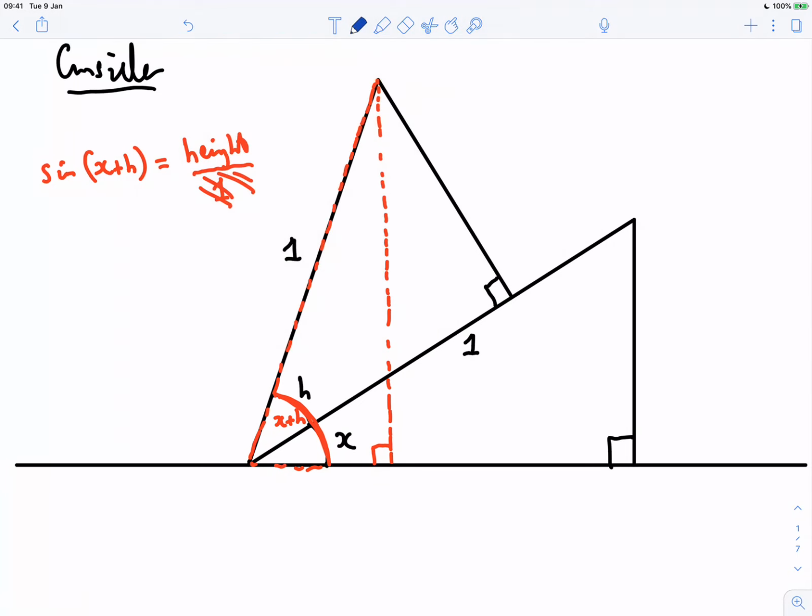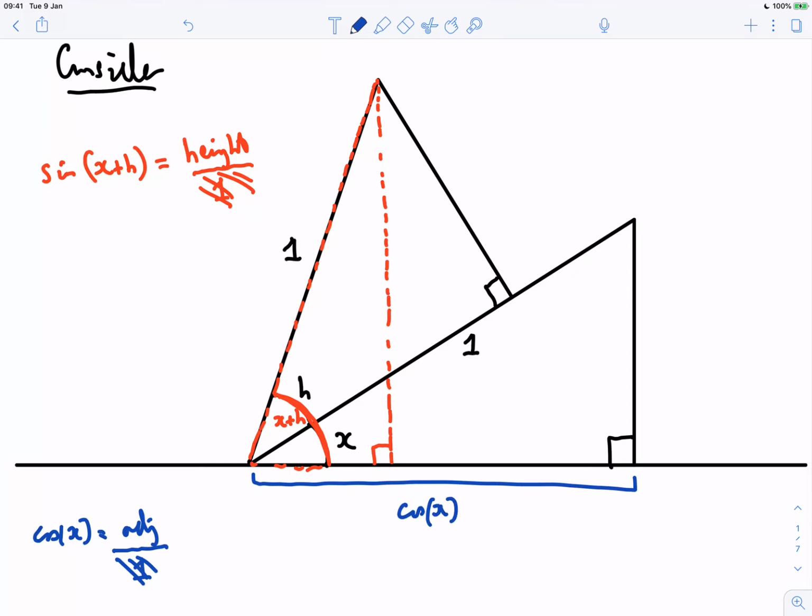For example, if I look at the bottom triangle, which has an angle of x, then this length here is the adjacent, and the hypotenuse is 1. So I can tell straight away that cosine of x is that adjacent over its hypotenuse, which is 1. So clearly the length of the blue segment here is cosine of x.